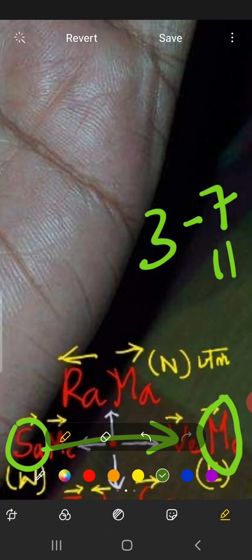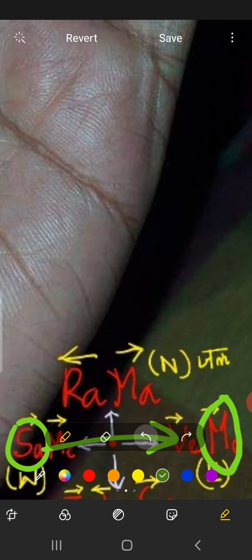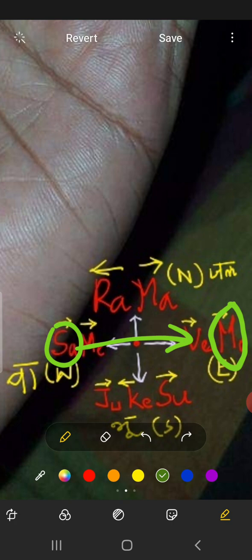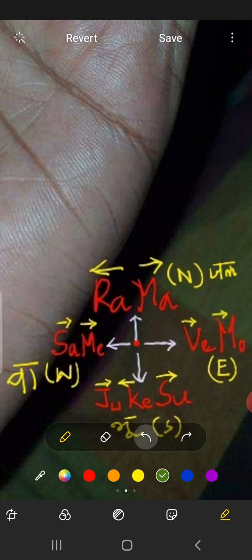Now in the Tattva chart and in Nadi we also consider 3, 7, 11 relationships. So in this case we can see that even though in the chart it is not clear, from the Tattva chart one can clearly see that the Shani is making a strong connection with Moon. So this connection is strong.